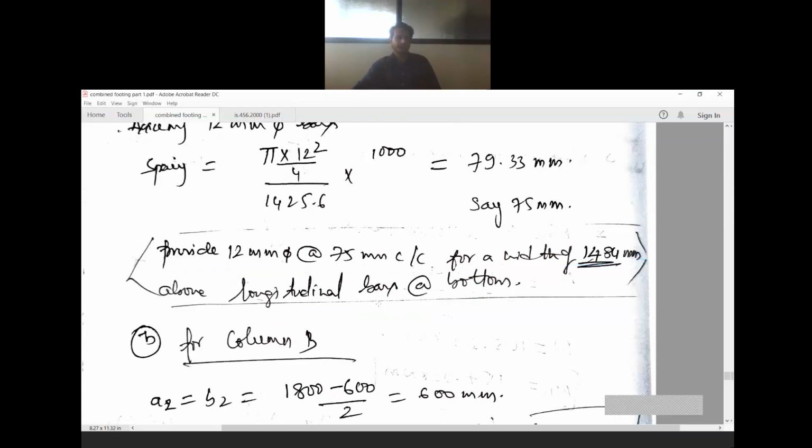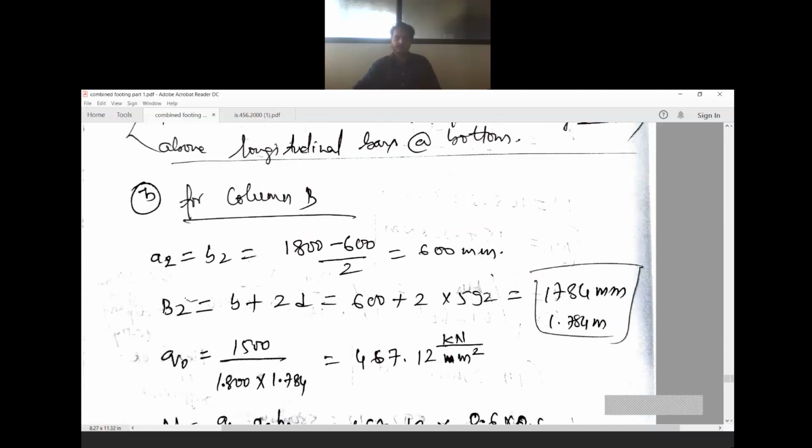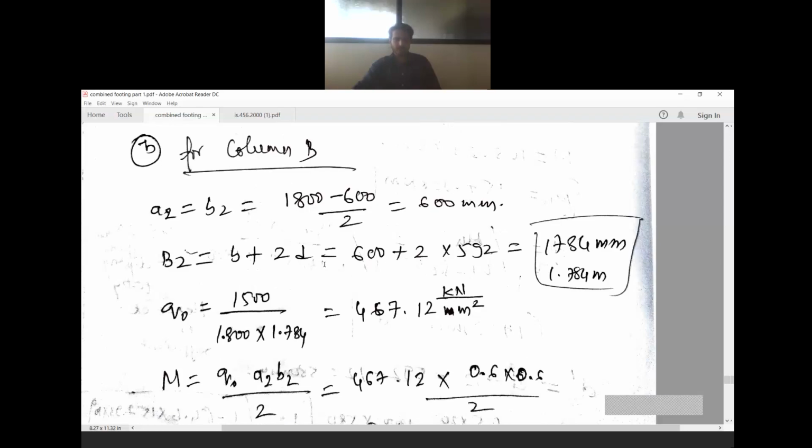So column A, the transverse reinforcement we have calculated. So for column B, we have calculated the transverse reinforcement for column A. This much distance is covered. Now we have to calculate the transverse reinforcement in this portion.